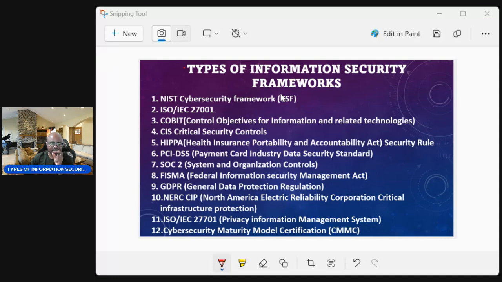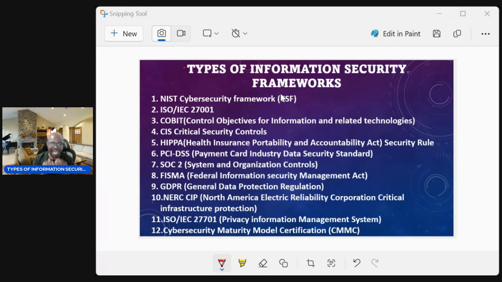The focus of the CMMC is protecting controlled unclassified information in the federal defense supply chain. And that is where you have the NIST 800-171. So that is the CMMC framework.